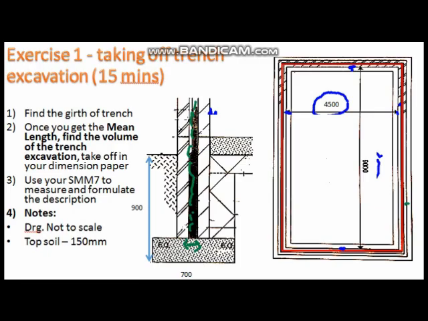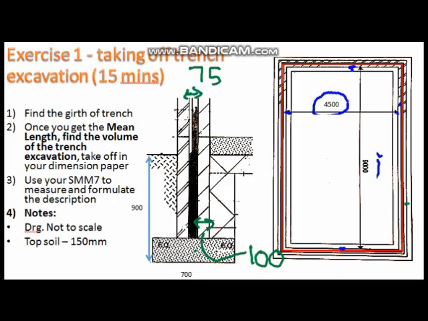So let's start to make an example of dimension for each of these. For instance, the internal wall width, to make it easier, is 100. So your cavity gap would be 75.